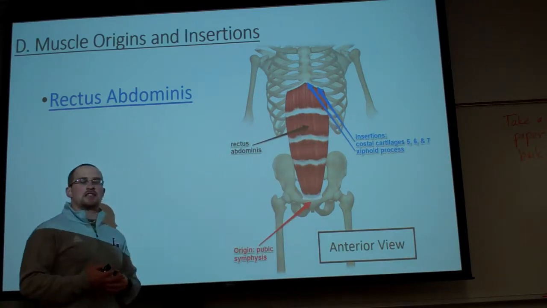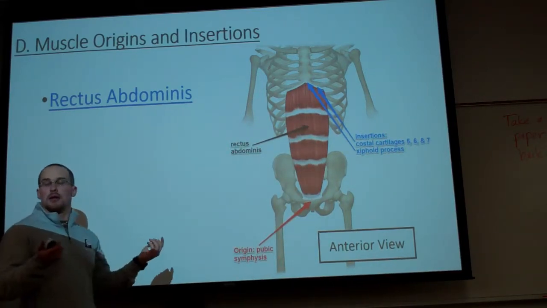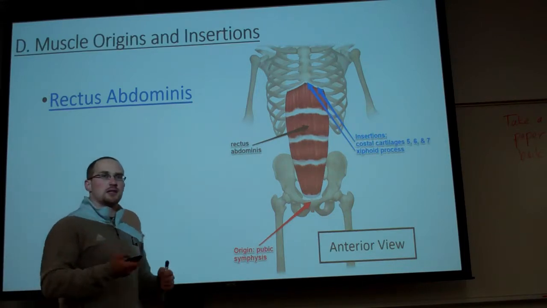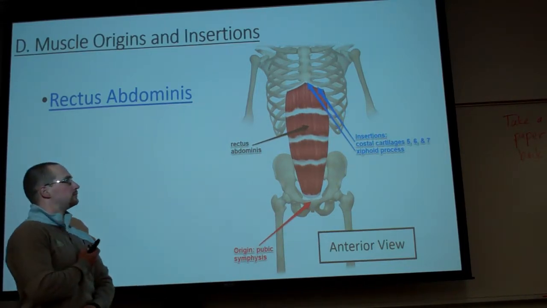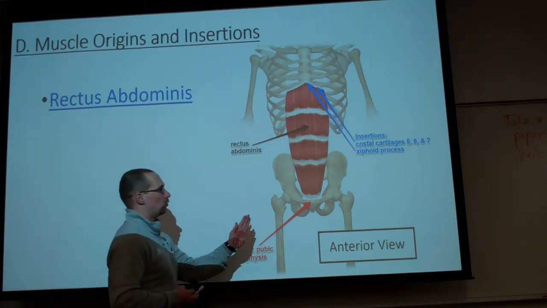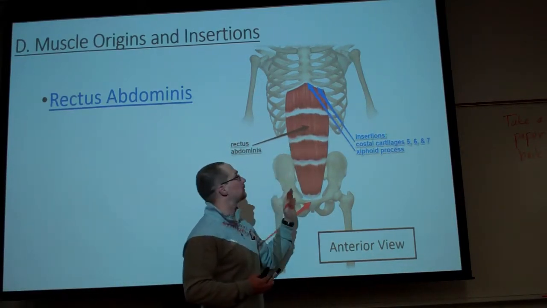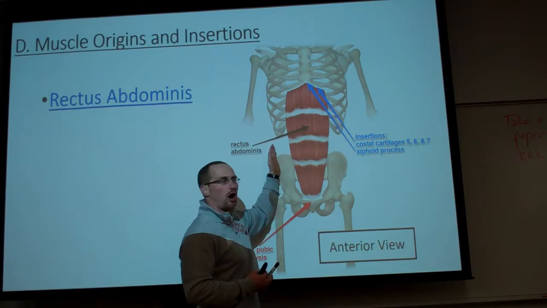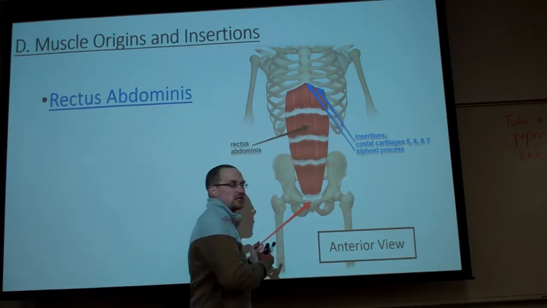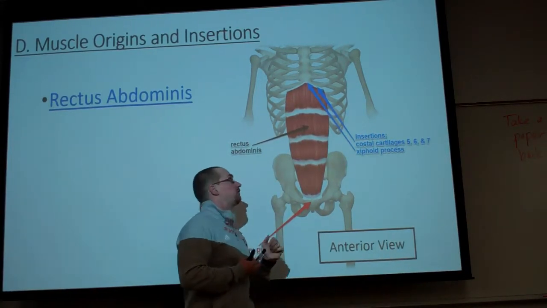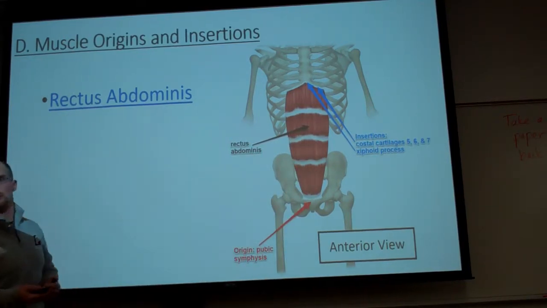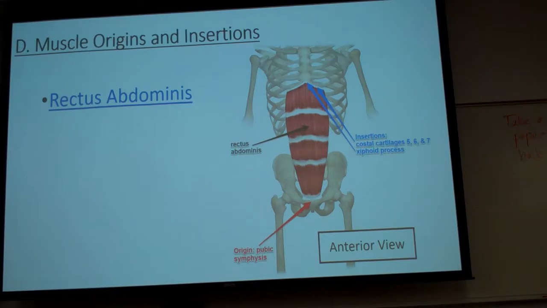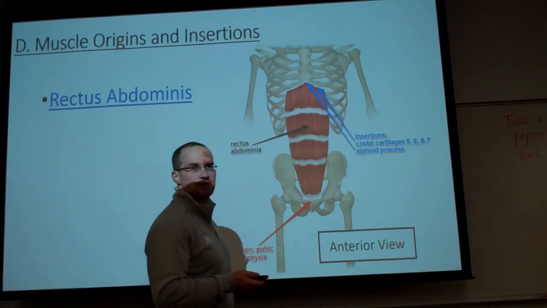In the rectus abdominis, if you think crunch, that's the only motion that it does. So it helps with trunk flexion. And again, it should make sense if you look at where the fibers are running, not really off to the side at all, so it can't help with any rotation or lateral flexion. The only thing it can help with is flexion. So rectus abdominis, your six-pack abs.